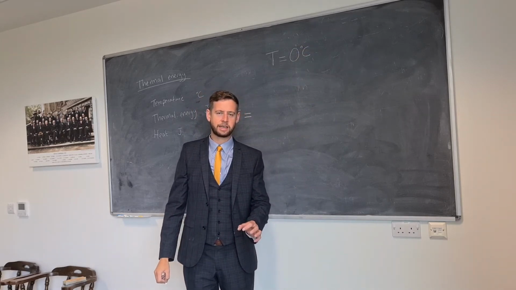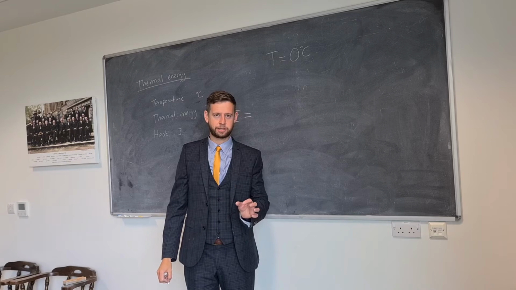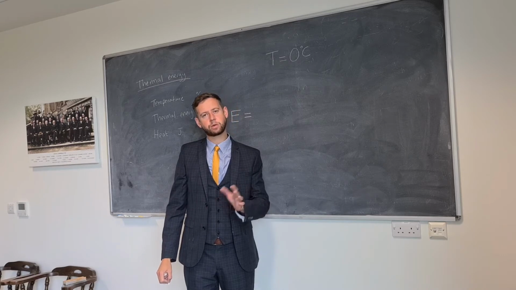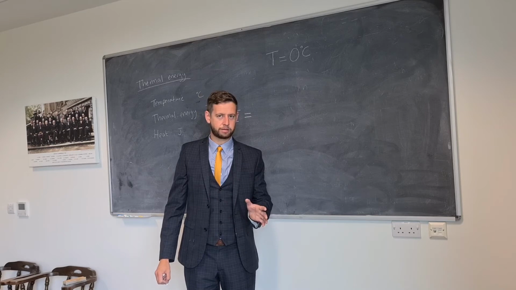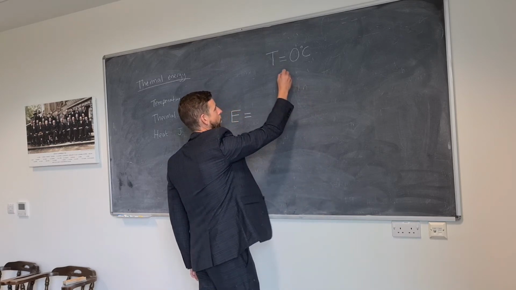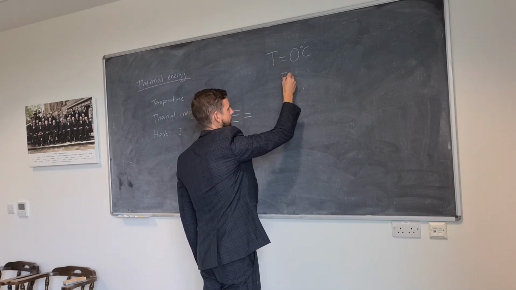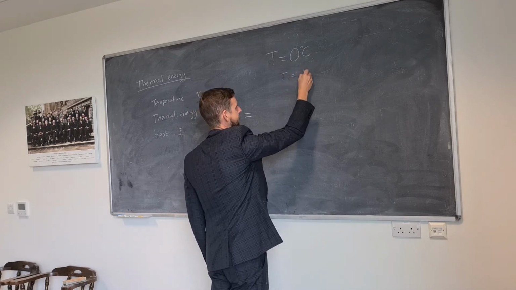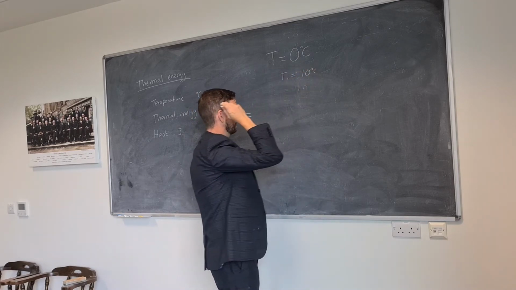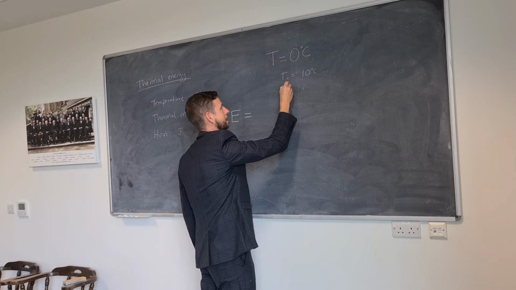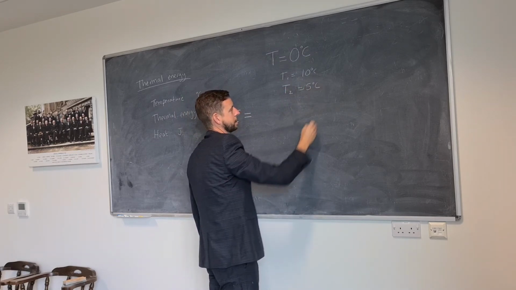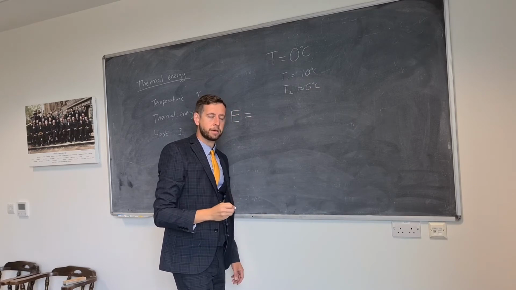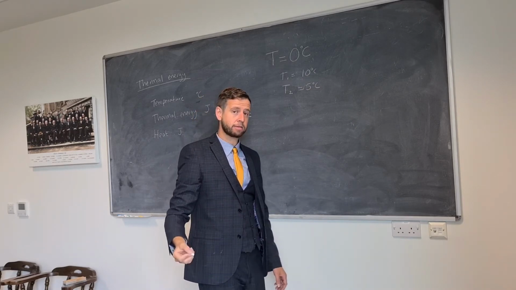But this is a specific temperature. Imagine if I was talking about the difference between two temperatures. Imagine I had one temperature equal to 10 degrees Celsius, and another temperature equal to 5 degrees Celsius. Then the difference between them would be 5 degrees Celsius.